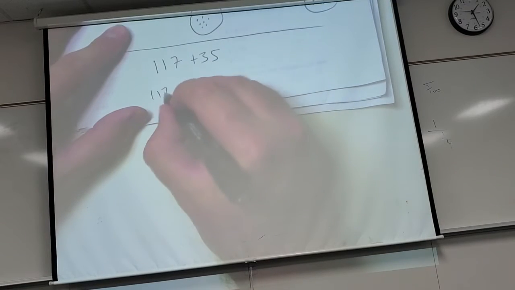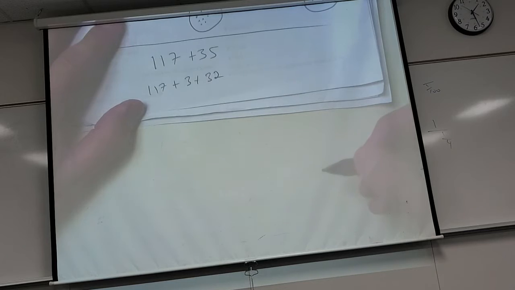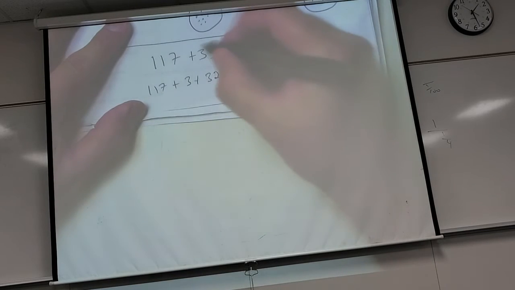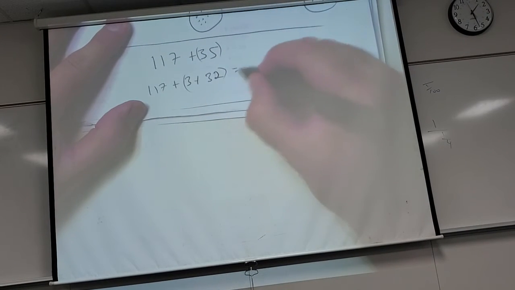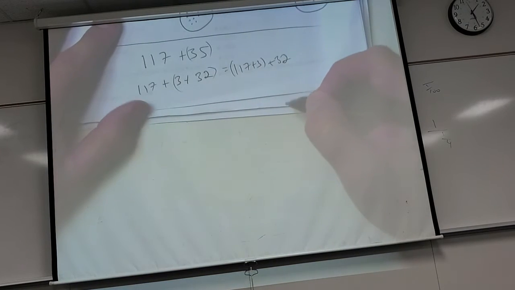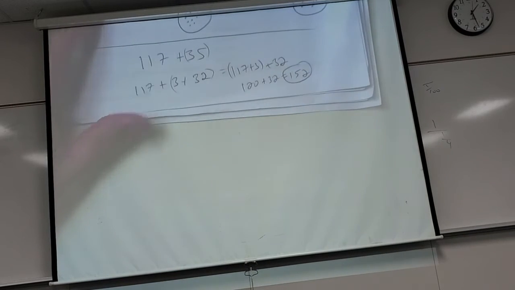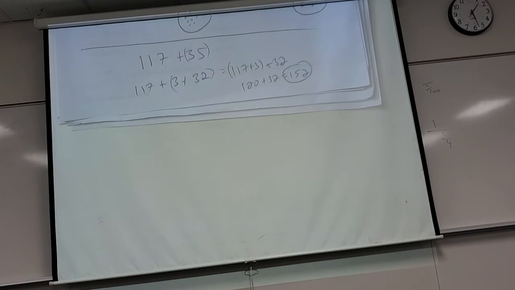Isn't this 117 plus 3 plus 32? Yes? So I kind of broke him up, and then I could say this is 117 plus 3 plus 32, which is 120 plus 32, which is 152. So sort of recombining the numbers in an easier way. I like it.